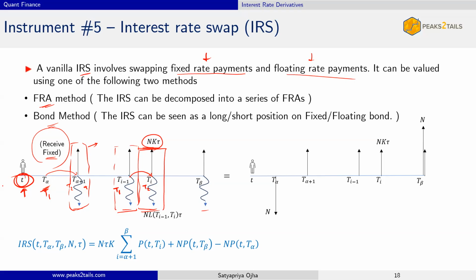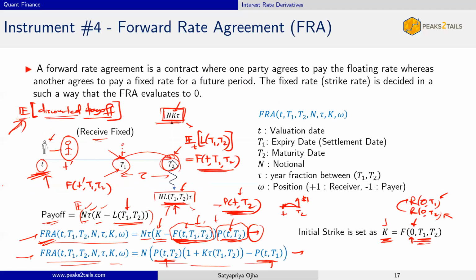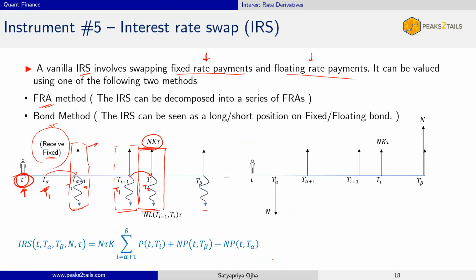You do not calculate forward rates. That is boring. So use the second formula, is what I'm saying. You know all of these for different maturities. Just plug it in and find out the values of the individual FRAs, add them. You're done. Okay. So series of FRAs.